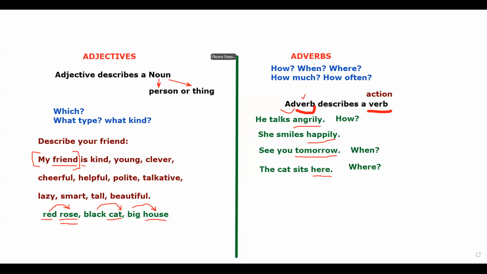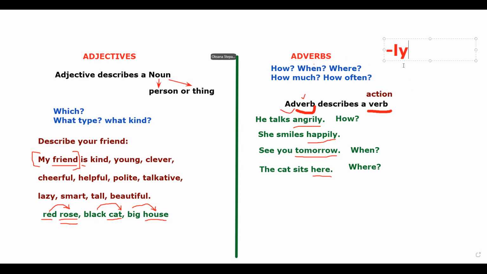So now let's look at something else. Everyone knows that adverbs have, or sometimes add, the suffix ly, right? Which is not common for adjectives. It's only with adverbs.